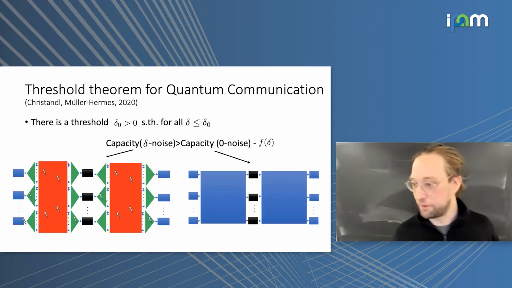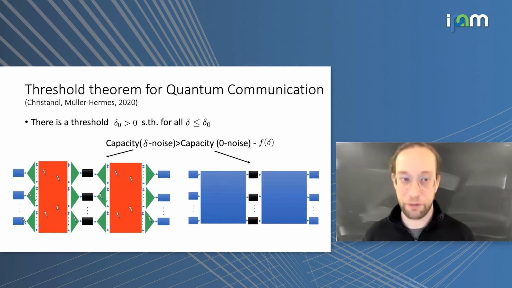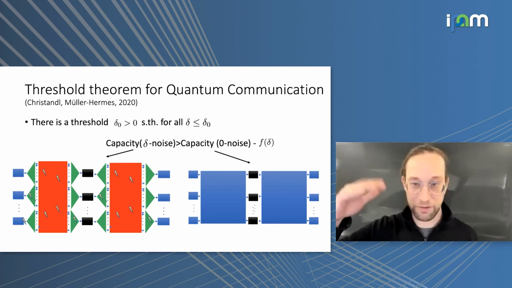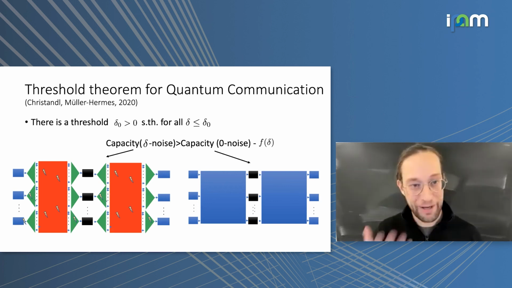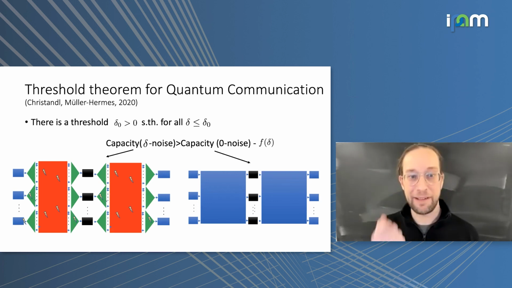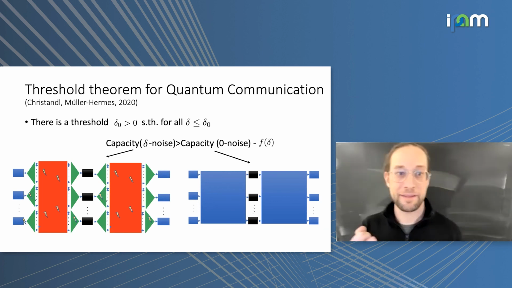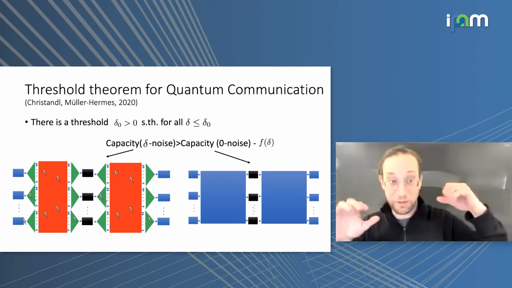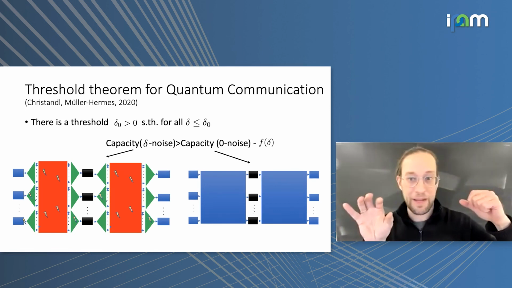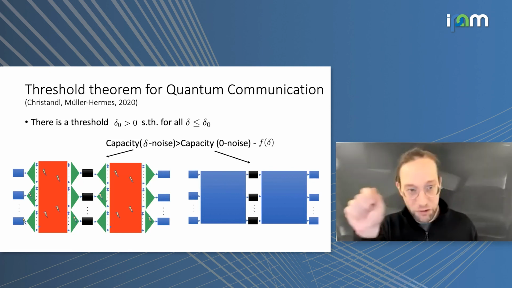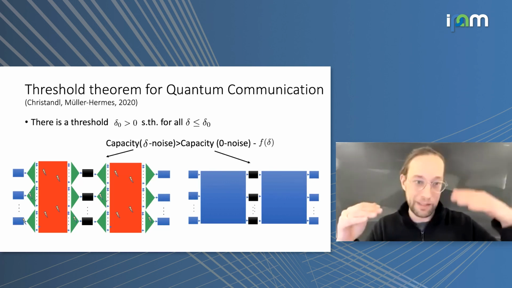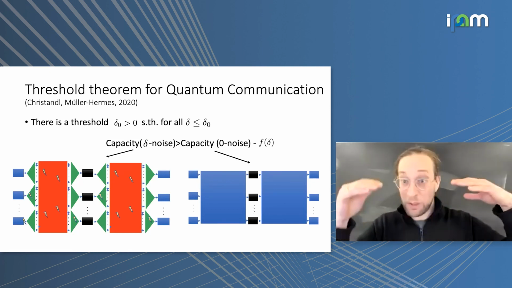Here's our threshold theorem. There is a threshold such that if you're below the threshold with your noise, the capacity at delta noise has a lower bound in terms of the original capacity, with a deviation. It will be a little bit lower. It has to be a little bit lower, but it will not be much lower.